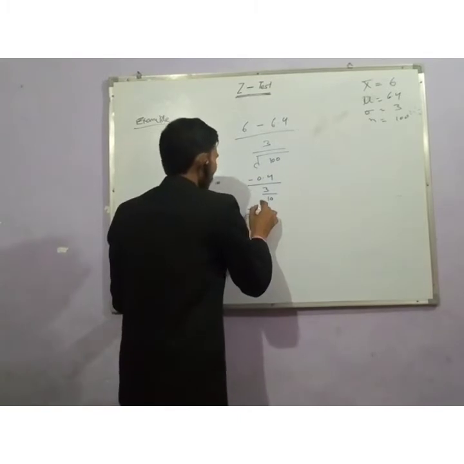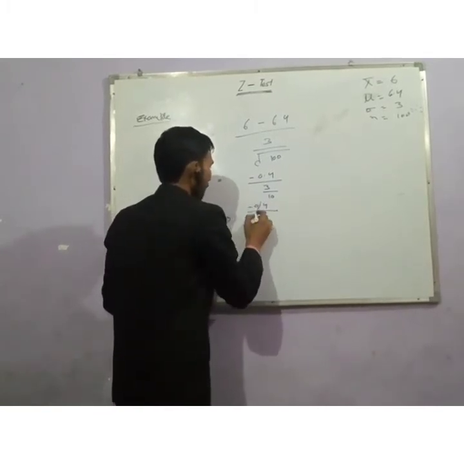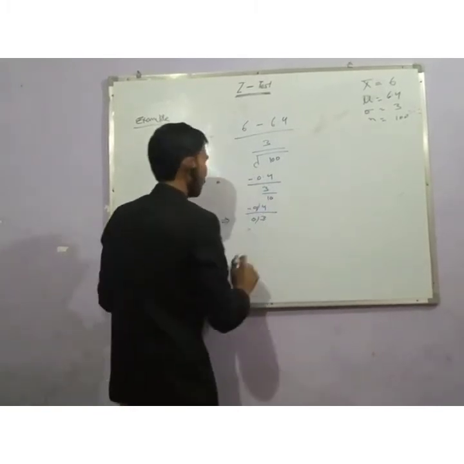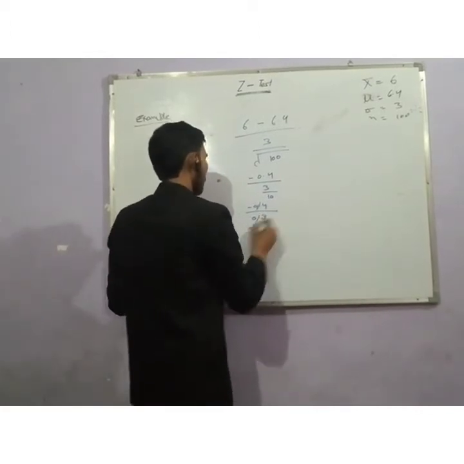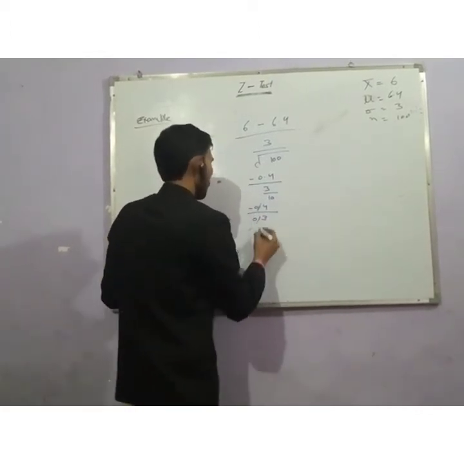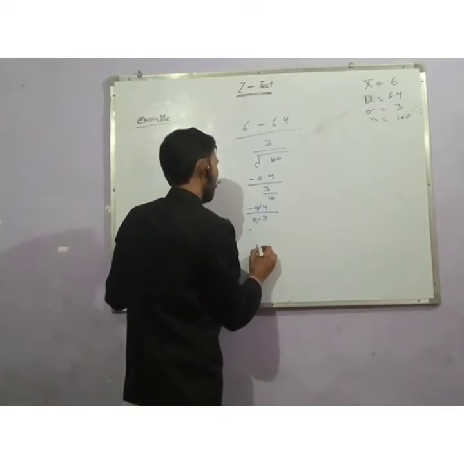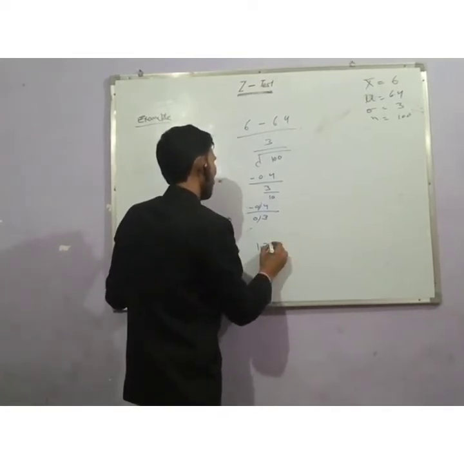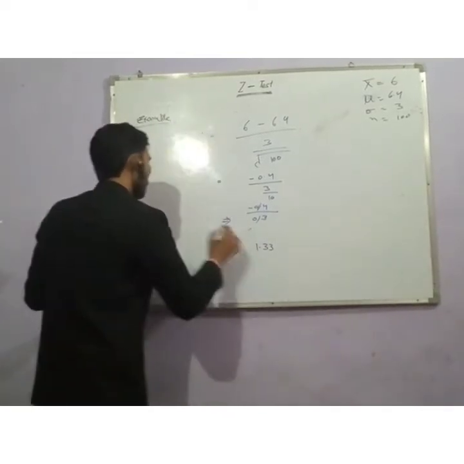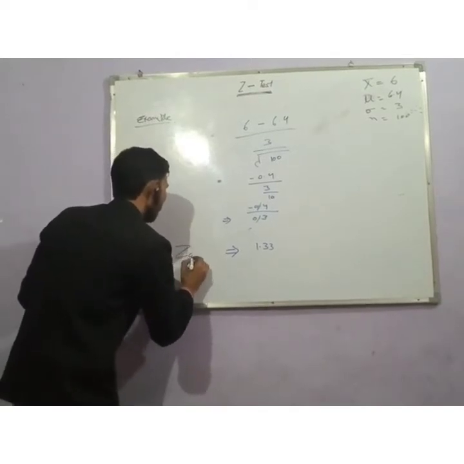So here the point cancels. Now 3 and the 1.33. So this is the Z calculated value.